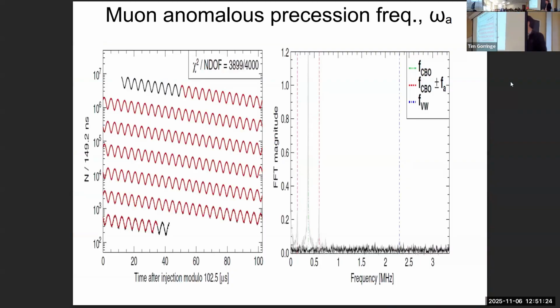And here, just to show you the importance of a fit to an oscillating, sinusoidal signal, this is the data from that experiment, in black data points. Again, the statistics are super high because the precession here is measured very, very accurately. In red is the fit to a sinusoidal precession signal.